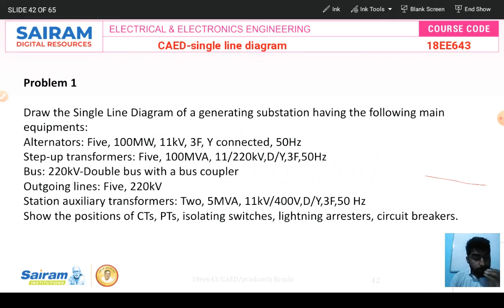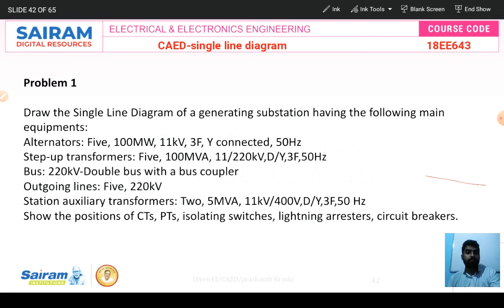Best example, BTPS Ballari Thermal Power Plant. In the Ballari Thermal Power Plant, we have 3, 4, 5, 6 divisions. In each division we are generating power, right? So alternator 5 in the sense 5 generating stations which generate 5 power supplies.